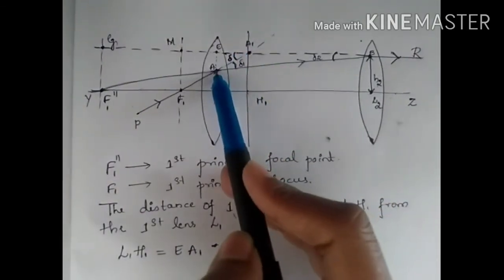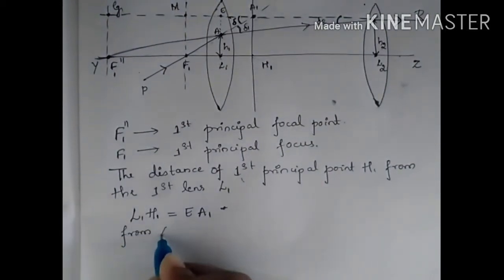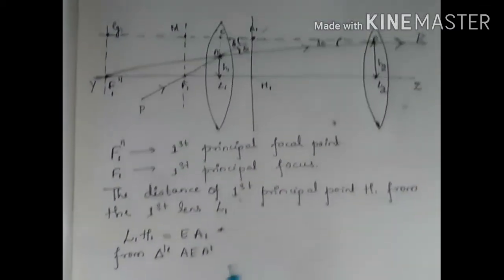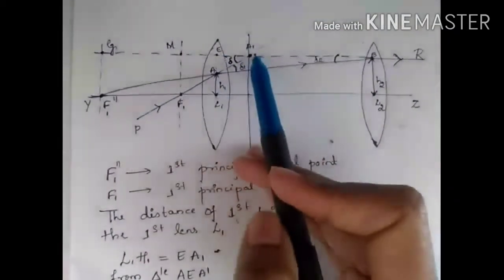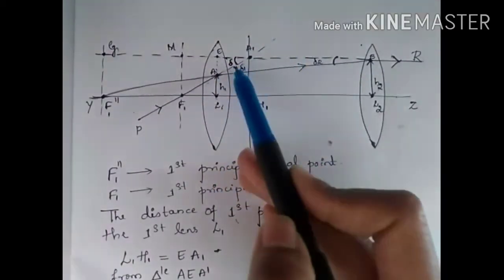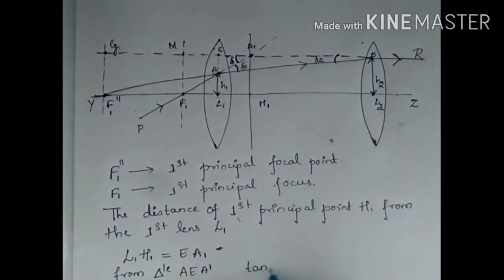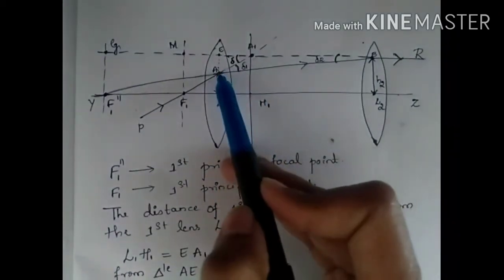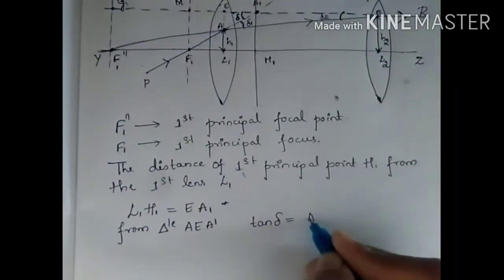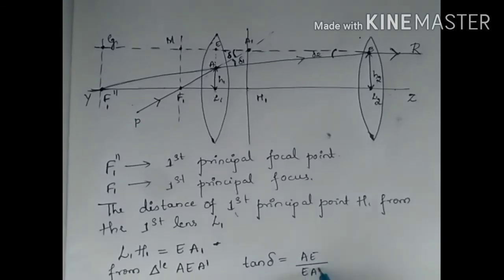So from the triangle AEA1, you can write the tan delta. So tan delta will be what? AE by EA1.